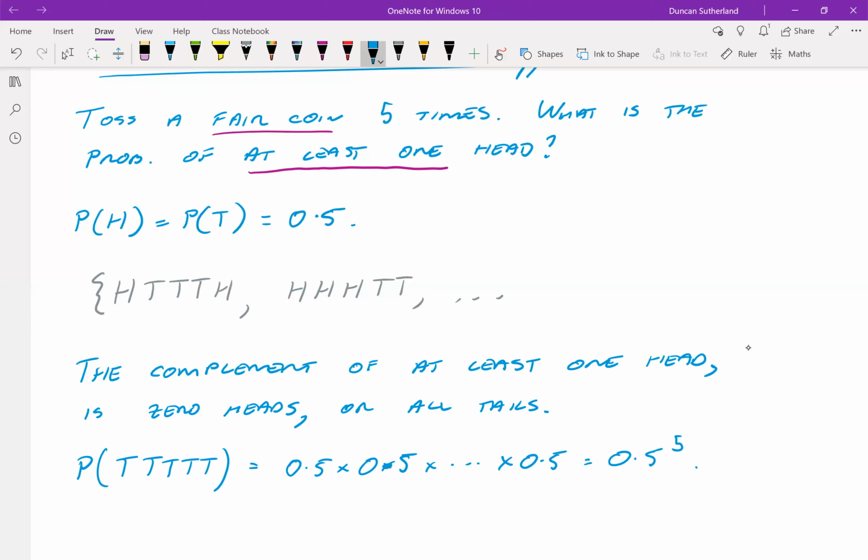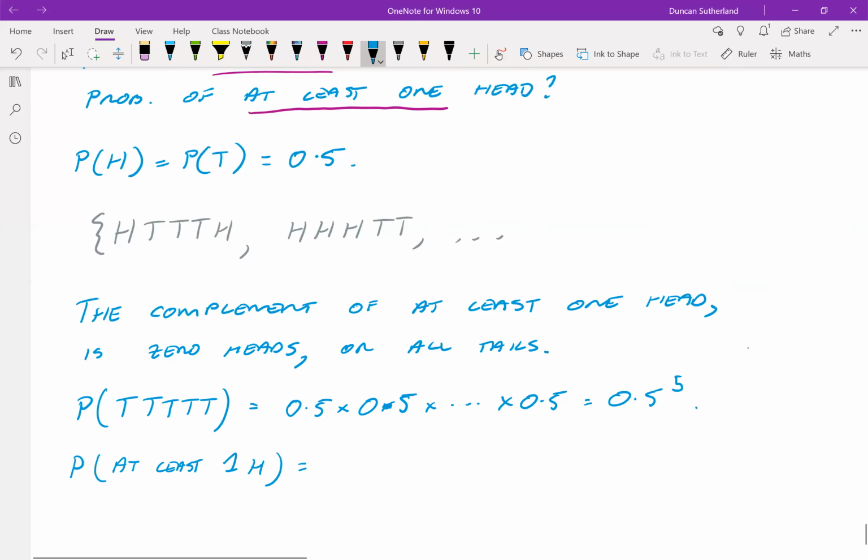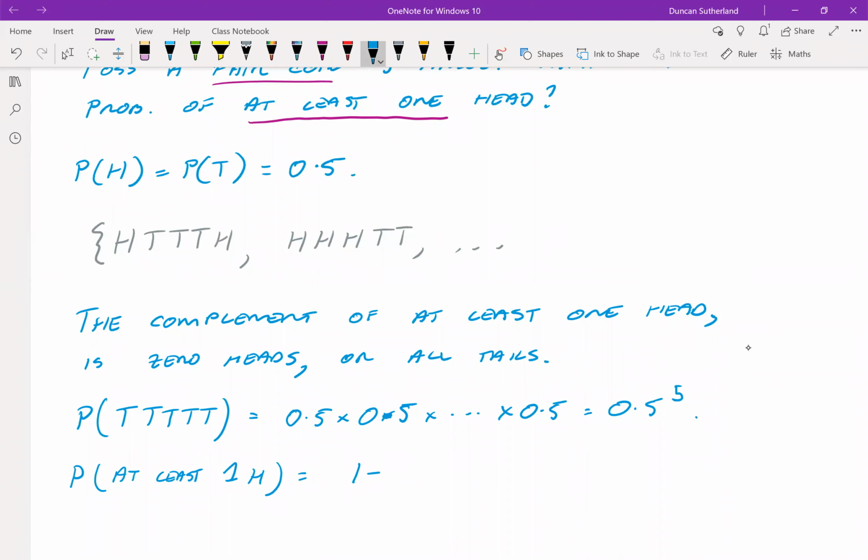Okay, so you'd have to work out what that is, and then the probability of at least one head is 1 minus the probability of 5 tails, which is this number here.